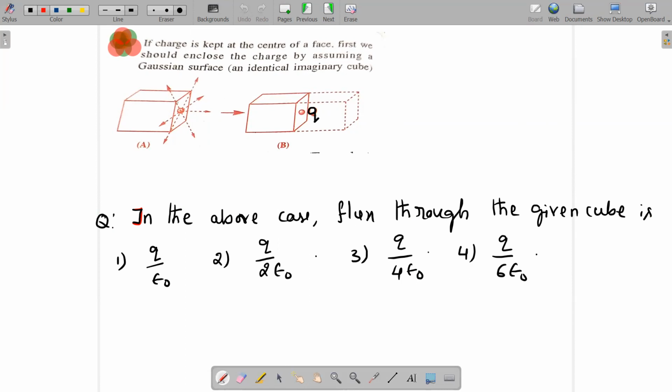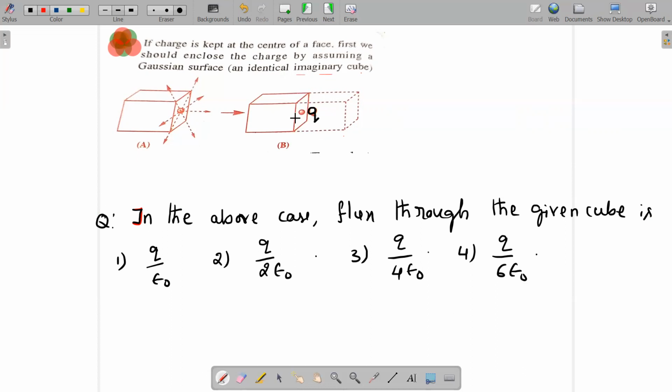So half of the flux may pass through this cube, but on the right side part there is no cube that encloses this flux. So for enclosing this entire flux, you have to construct an identical imaginary cube, like this. Is that clear, guys? To find the flux through a cube, you have to construct an identical imaginary cube.